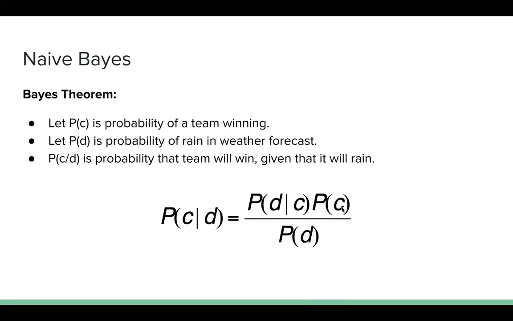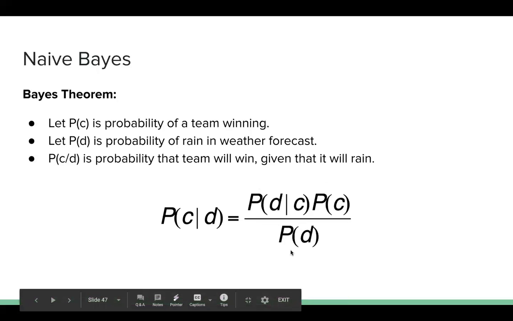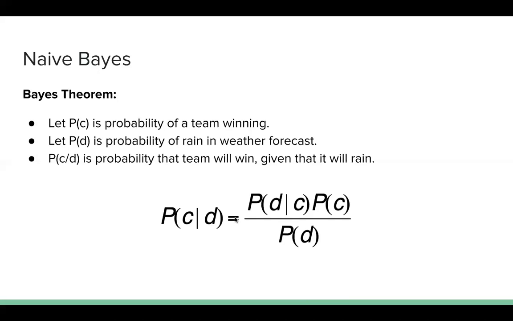And P of D is the evidence. So the formula is posterior equals likelihood into prior divided by evidence. This is how we generally represent Bayes theorem.